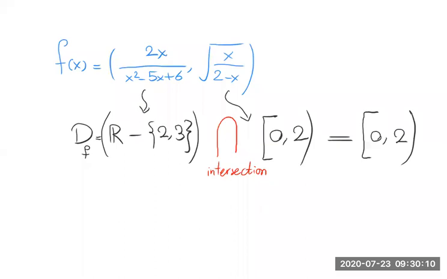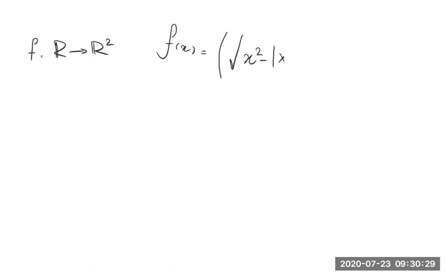Okay, let's look at another example. Suppose we have a function from R to R2 where f of x is equal to square root of x squared minus absolute value of x. That's the first part.